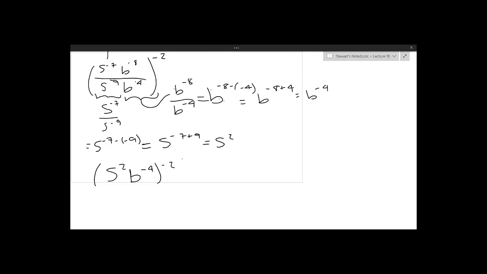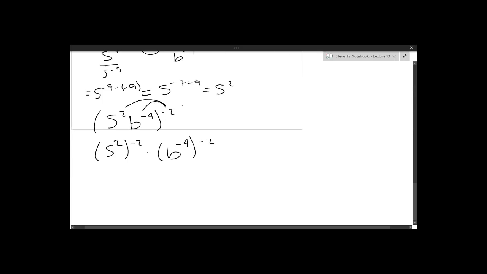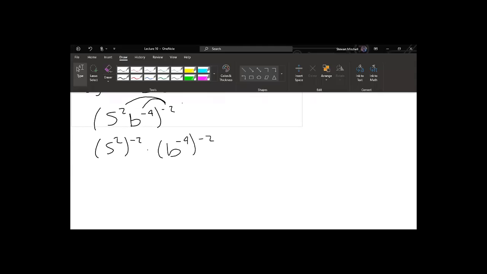Now, since we don't have any more similar bases to combine, we can distribute this -2 exponent to the other exponents. So you're left with 5 squared to the -2 times b to the -4th to the -2. Then 2 times -2 gives you -4.